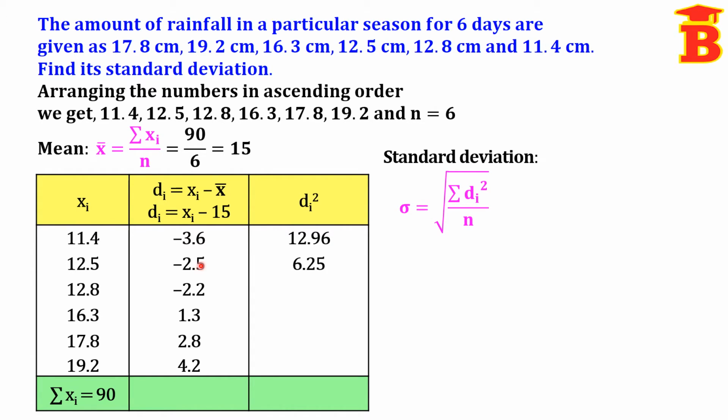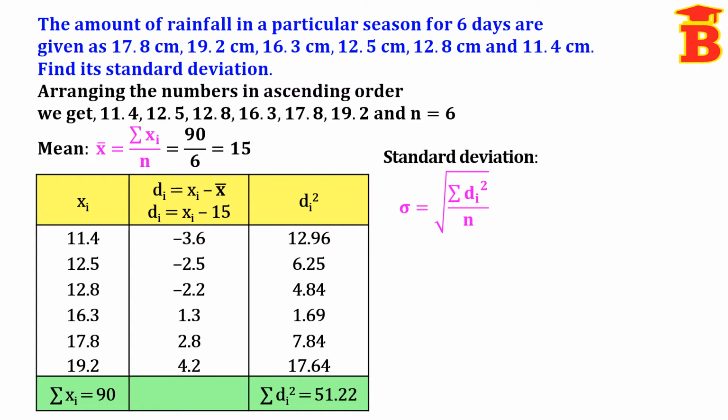Next 2.5 square is 6.25. 2.2 square is 4.84. 1.3 square is 1.69. 2.8 square is 7.84. 4.2 square is 17.64.